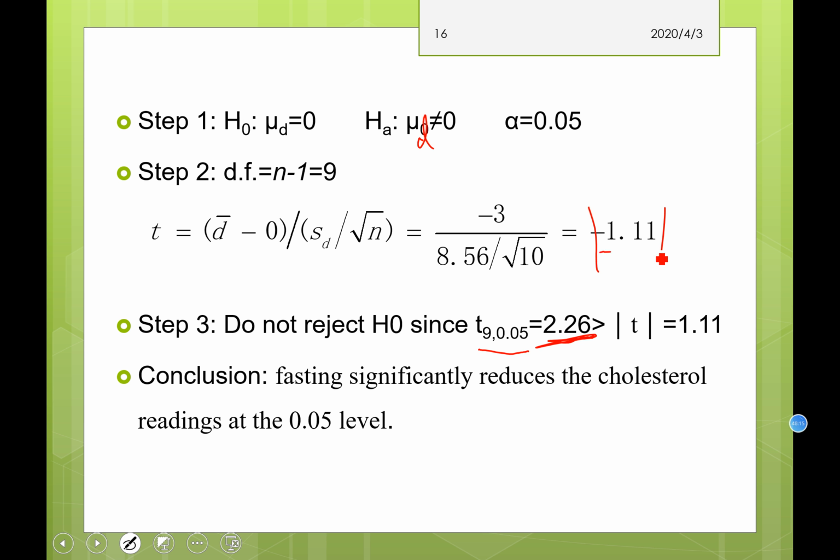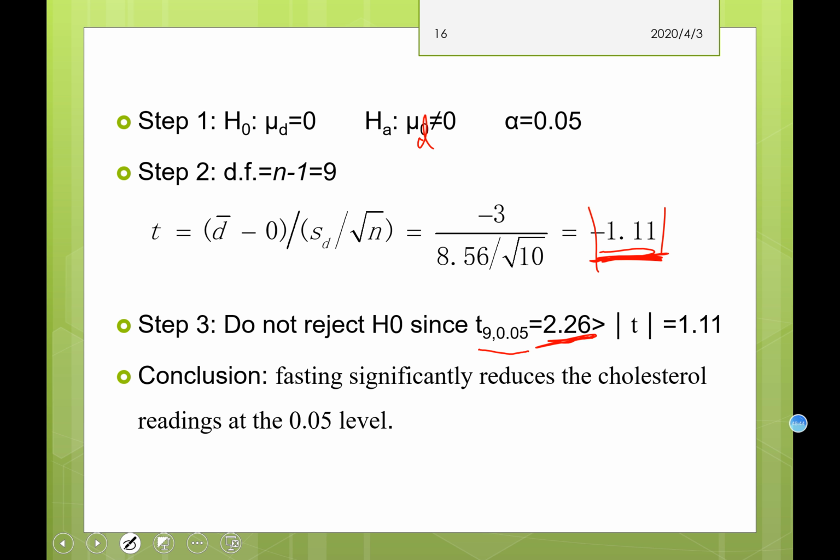So what we have calculated is less than the standard t value. So that means P is bigger than alpha. We cannot reject H0. So the conclusion should be fasting does not significantly reduce the cholesterol readings at the 0.05 level.